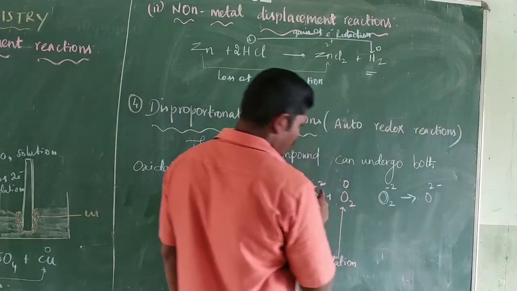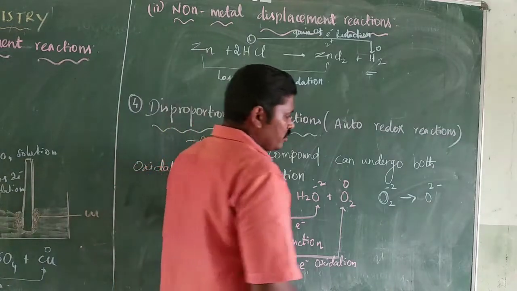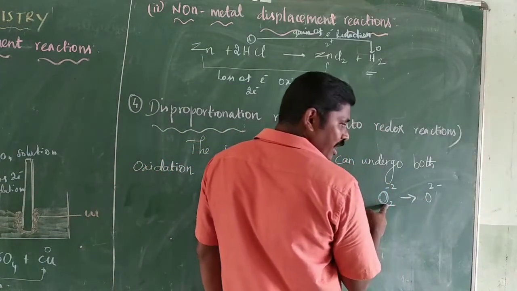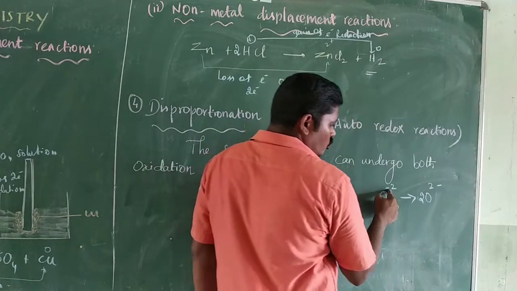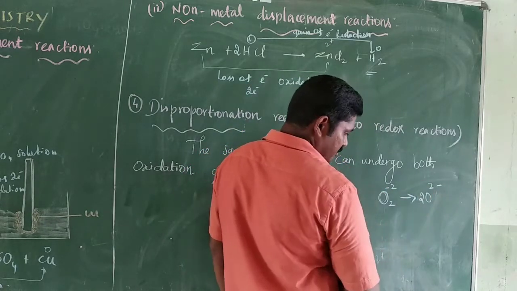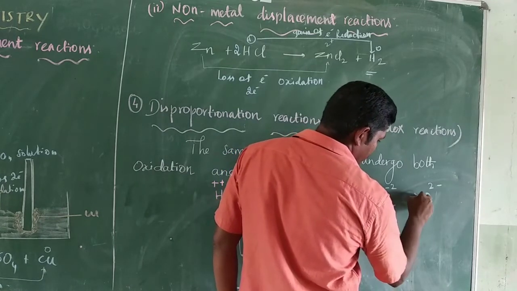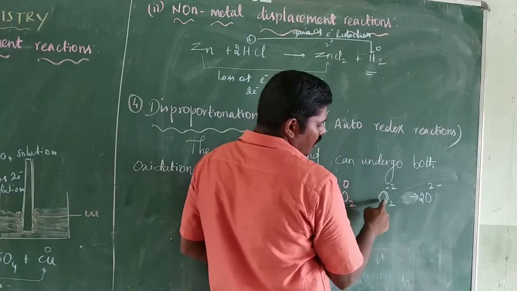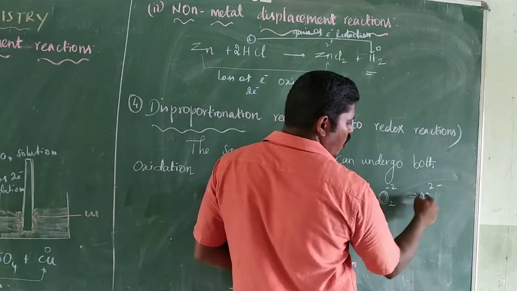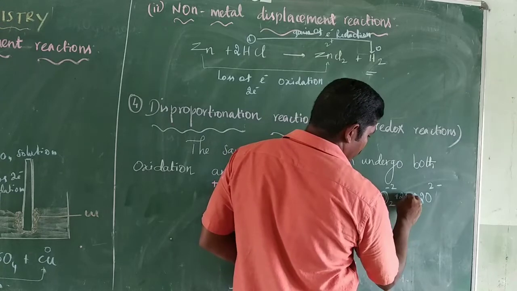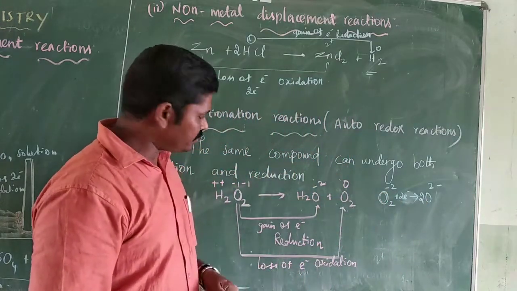Gain of electron: the number of oxygen atoms is 2, so minus 2 to minus 4 is a gain of 2 electrons. Gain of electron is reduction.